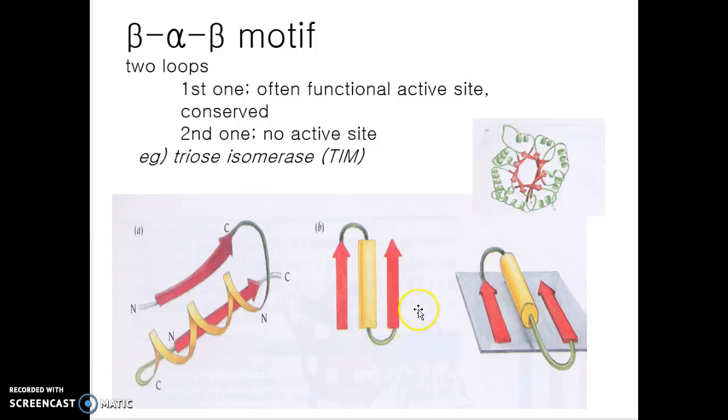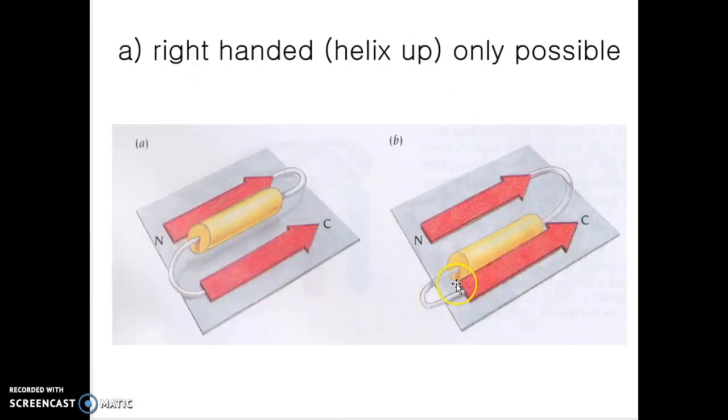You can see another view. There are 2 ways the alpha helix can be present: above the plane made by 2 parallel betas, or below. Only the above structures are present in real proteins. This is called right-handed.